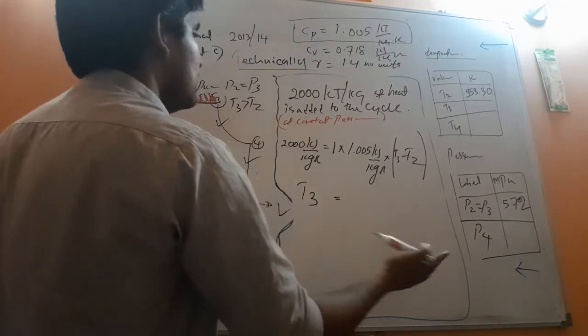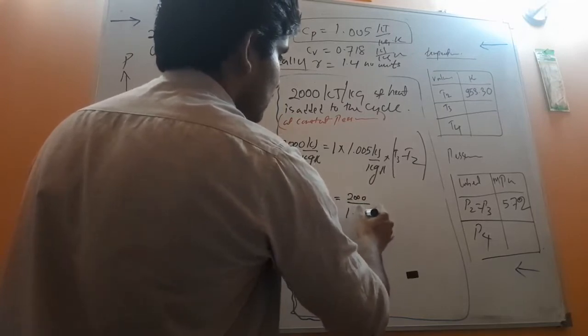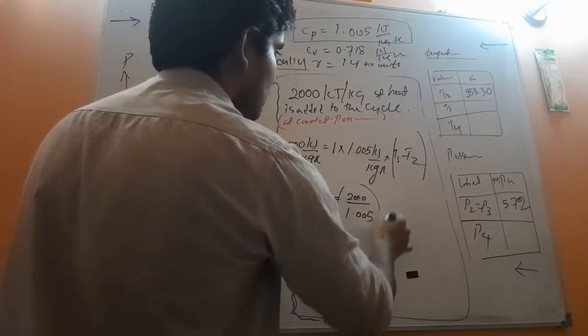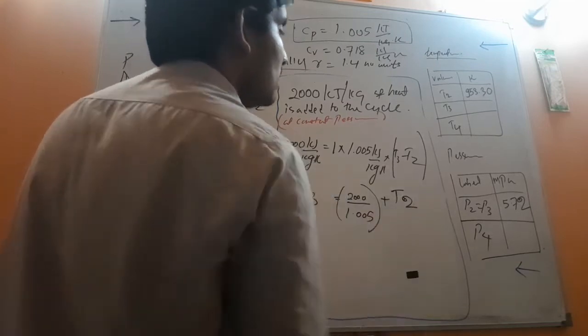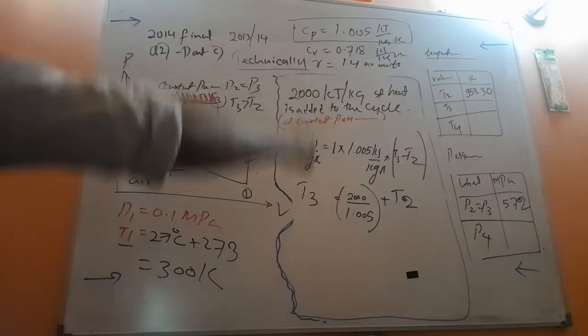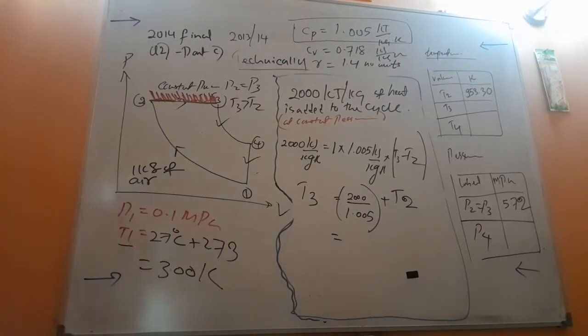T3 equals 2000 divided by 1.005 plus T2, because you know what T2 is. So quickly find that.